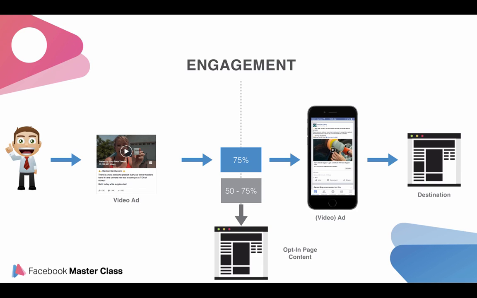So if you're selling a product, and if the video ad was product related, if they watch at least 50% of the video, that indicates that they are relevant, but not as relevant as the 75%. So therefore, if you want, that's just optional.